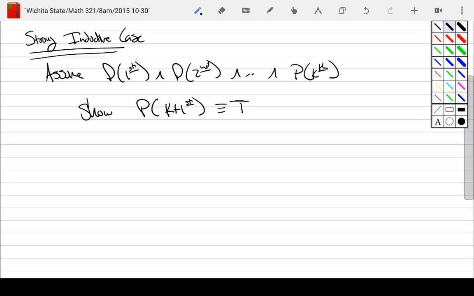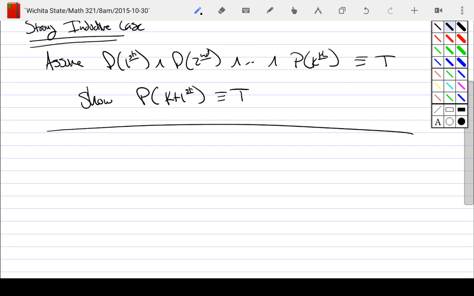So we assume all of those are true, and we just simply move on to the next. The only difference between strong and weak, again, weak is just that. Strong is everything from the first element to the kth element is true, and then we move on.